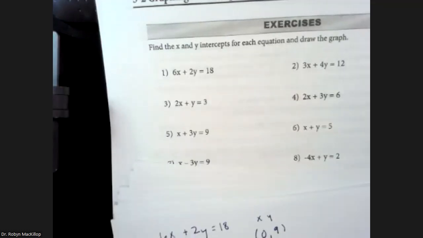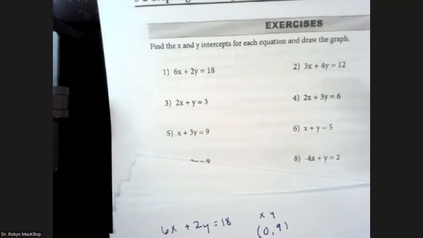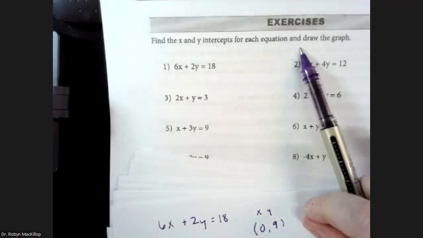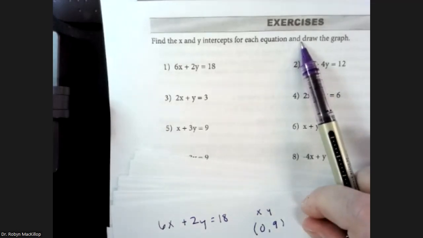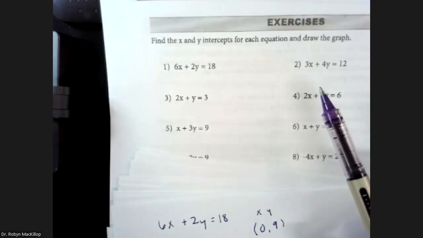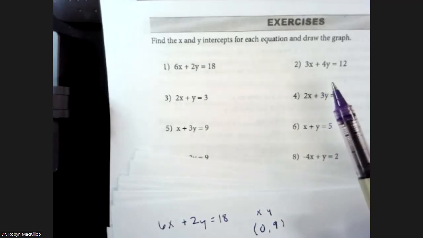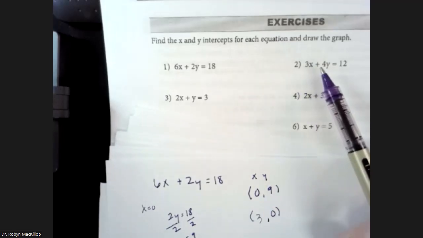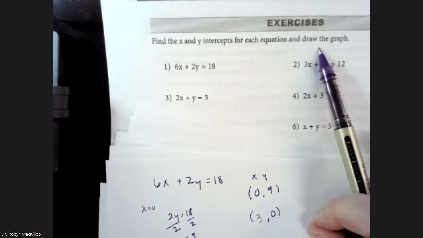So this entire page, that is what you're doing. For each equation, you're going to start by zeroing out the x, which makes it disappear. And then you're going to solve that equation that's left. Then after you've got your first set of ordered pair where x is 0, you're going to come back and zero out y.